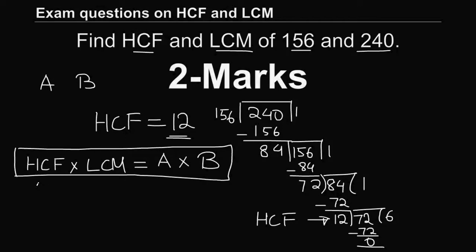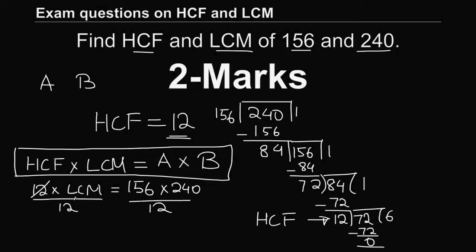So now what we have is HCF, which is 12, times LCM. This will be A, the first number, 156 over here, times 240. So we divide both sides by 12. So this will cancel out. So LCM will be equal to, here we can say 12 2s are 24, this will be 20. So we have 156 times 20.